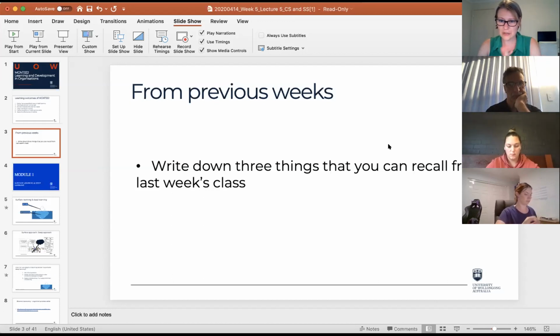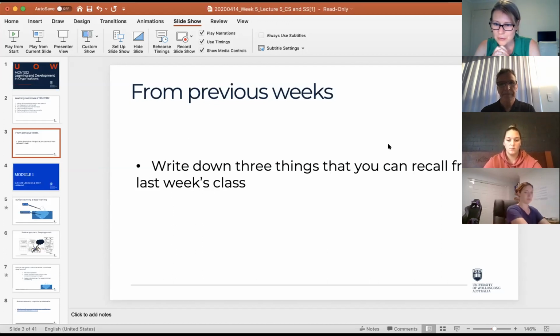So Emily says learning tools. Good. Samantha says LMS. Good. Online interactive tools and how to use them. Different platforms for online engagement. The Mentimeter app.